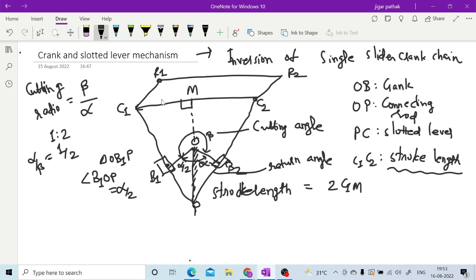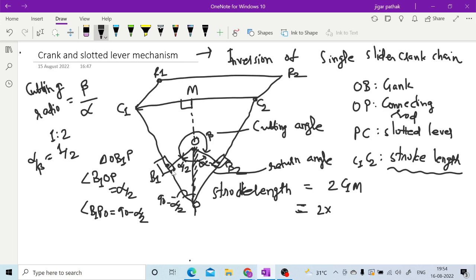So definitely this angle B1PO will be 90 minus alpha by 2, right? So this distance 2C1m is nothing but 2 into this.